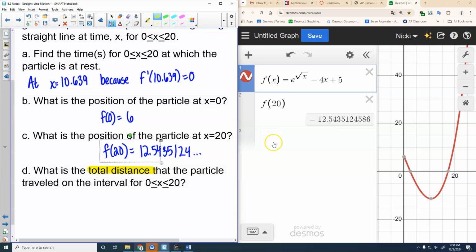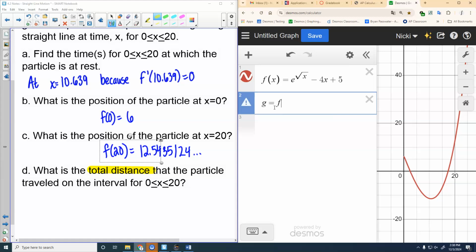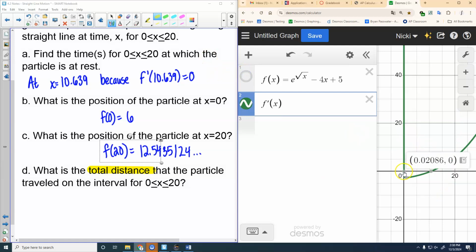Okay? So here, whenever I'm looking at my position up to this point, is your velocity positive or negative? If this graph is decreasing, my velocity is negative, right? Or you can look at the graph of f prime, which is below the x-axis here.